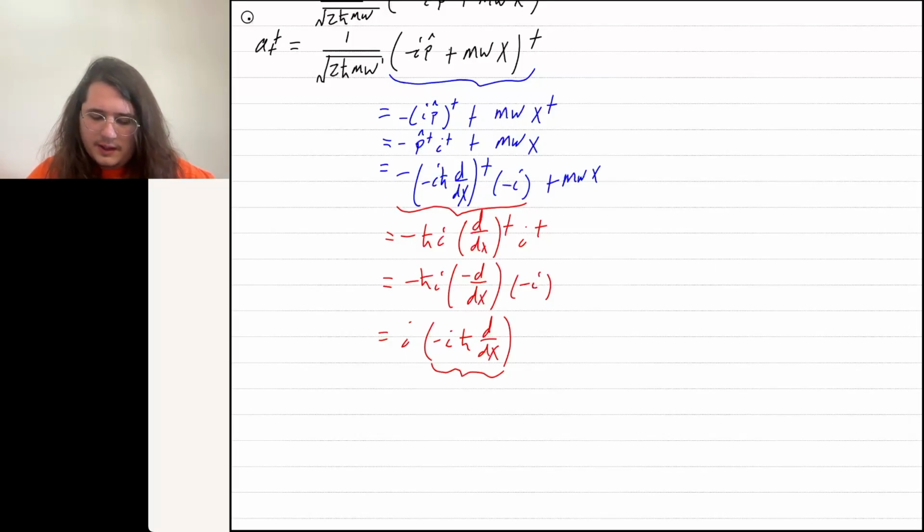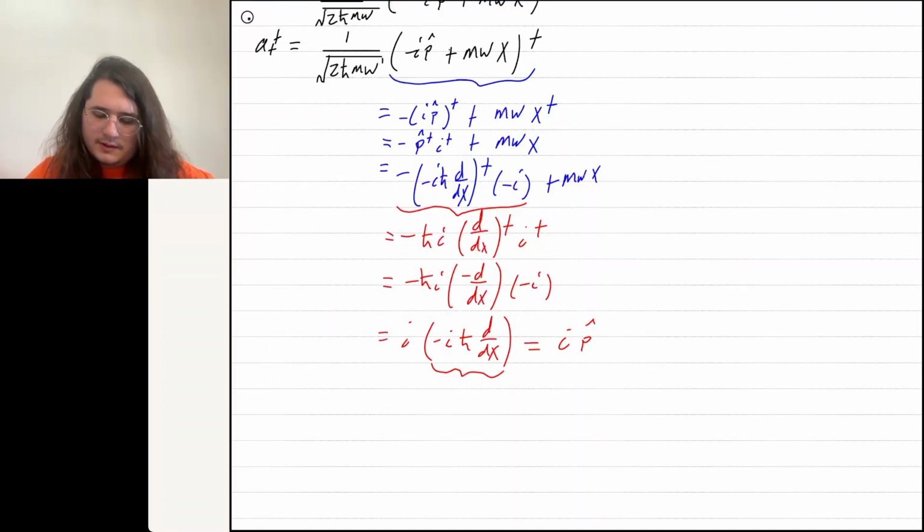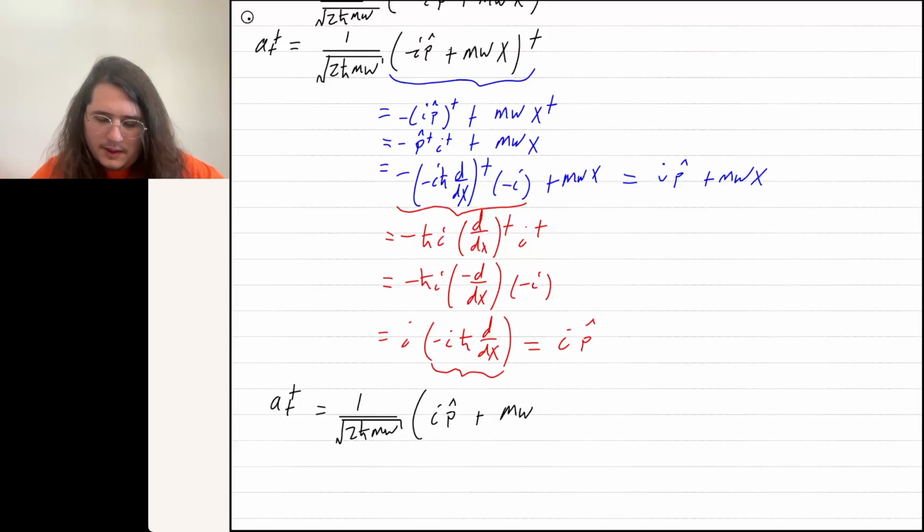So we can write this as equal to i p, which means the stuff without the constants is just i p plus m omega x, which means the raising operator conjugated is 1 over square root 2 h bar m omega times i p plus m omega x.